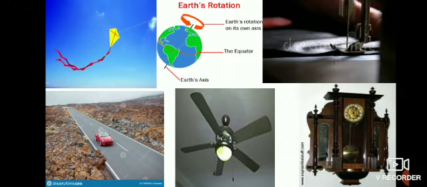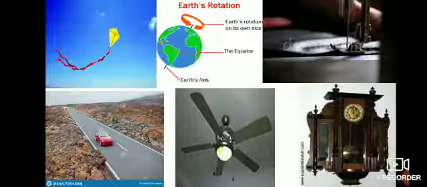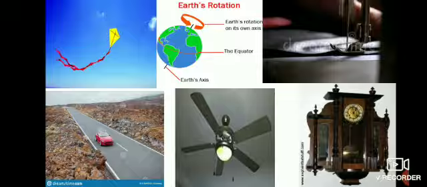Considering the direction of motion, what differences do you notice in the above examples? Sewing machine, car, fan, and pendulum clock. Now let us see. The motions in the above examples are different in terms of direction of motion.